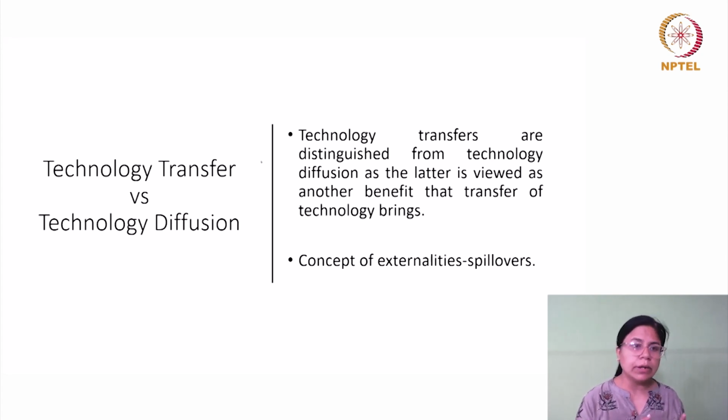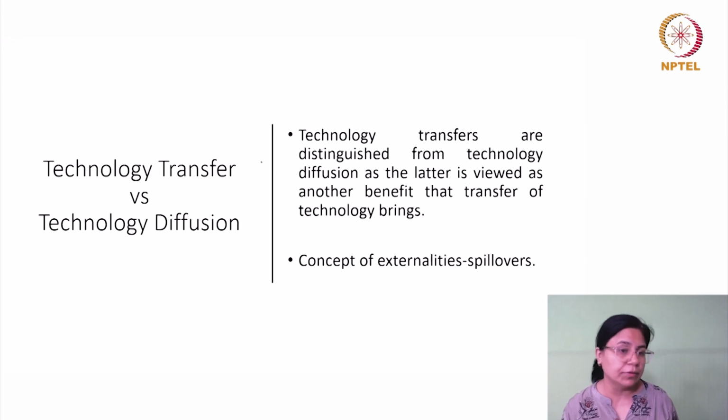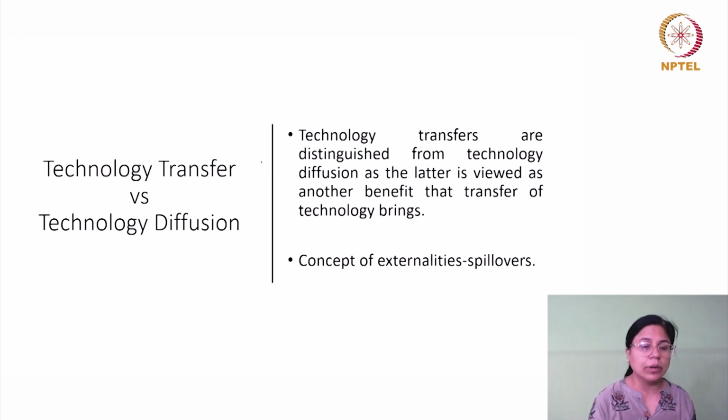When you talk about technology diffusion, here you will see that it is first of all the adaptation or absorption of the technology in the overall economy, and it needs to be seen differently because many a time it is also talked about in terms of spillovers. Sometimes these words are used interchangeably.